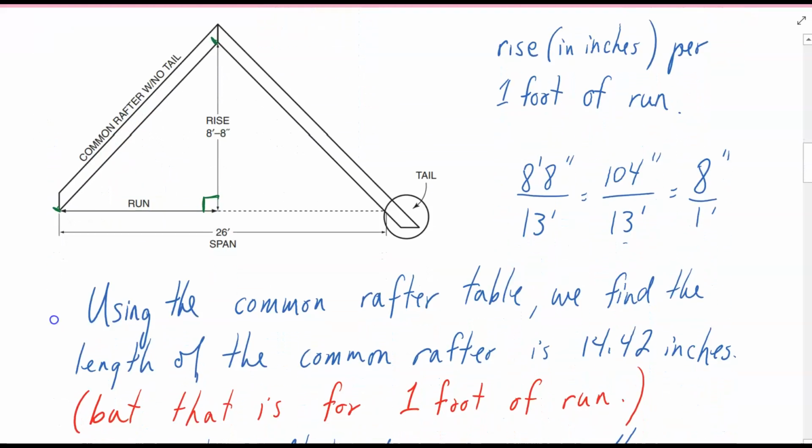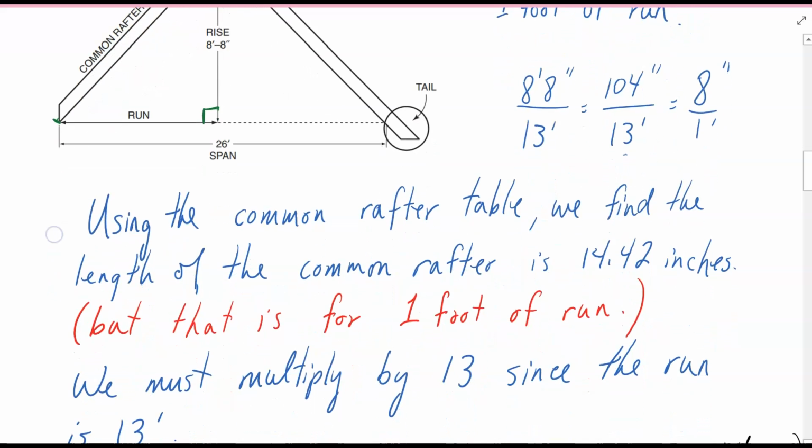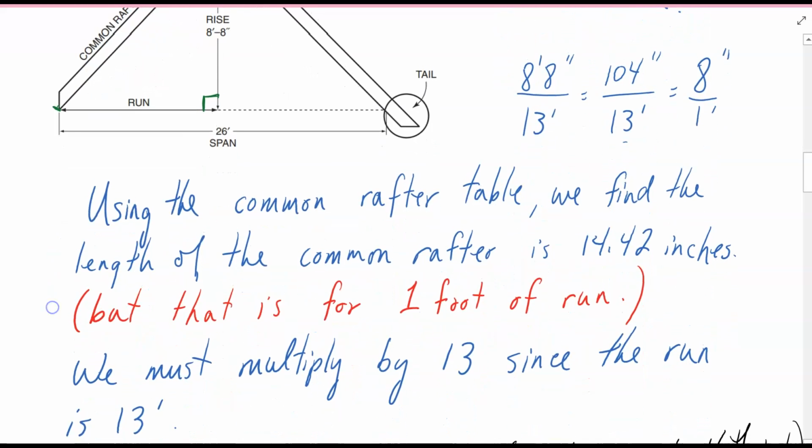So using the common rafter table, we find that the length of the common rafter is 14.42 inches, but that is for 1 foot of run. We had 13 feet of run. So what we must do is multiply that amount by 13, since the run is 13 feet, not 1 foot.